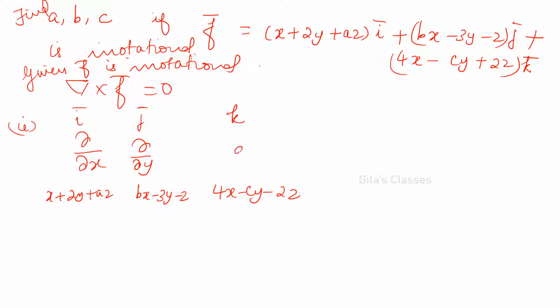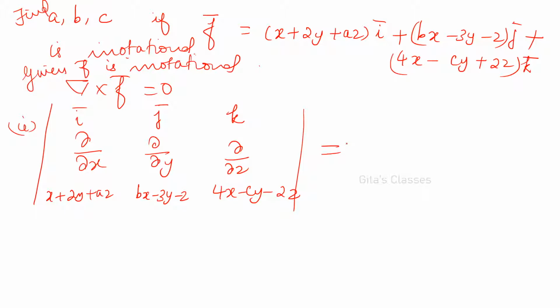So k dou by dou z, j dou by dou y. I'll write neatly, that's all. So this is equal to 0. Now i into, what will you get?